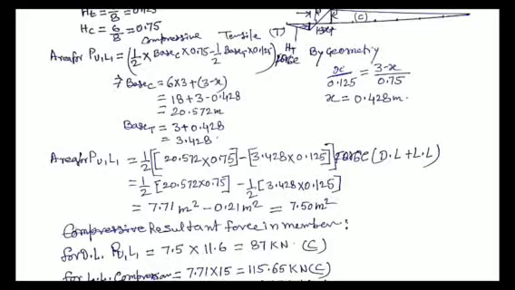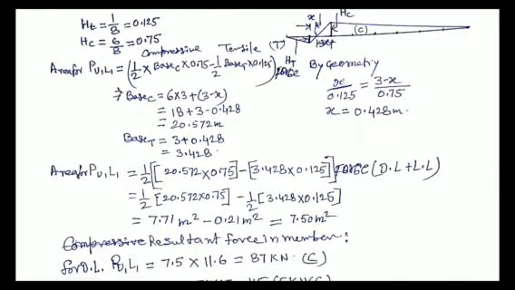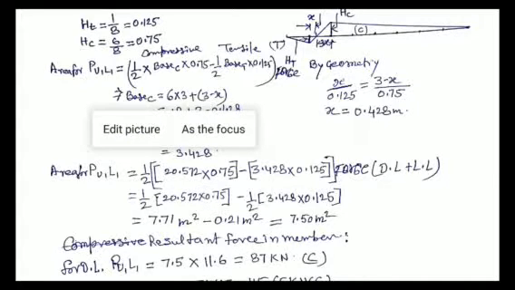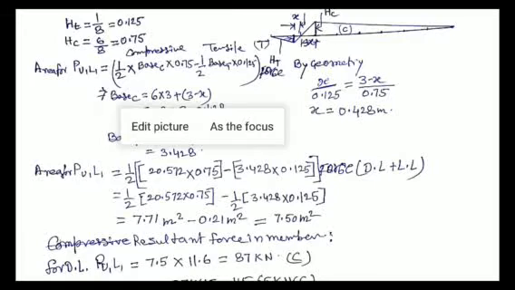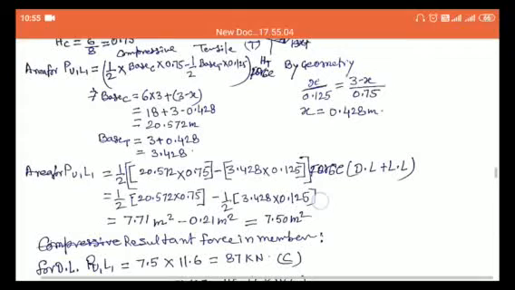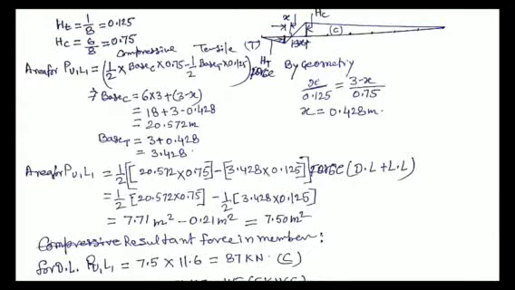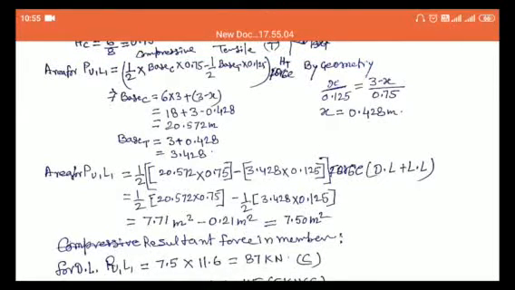So the total area will come out to be half into 20.52572, this is the base of the compression area triangle, multiplied by 0.75, this is the height of the triangle in compression zone, and minus half of 3.428 multiplied by 0.125, this is the base and this is the height of the triangle.